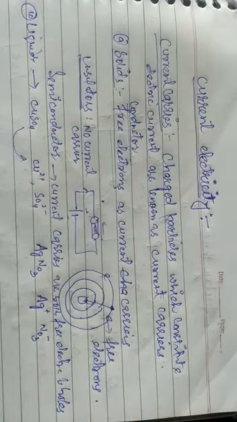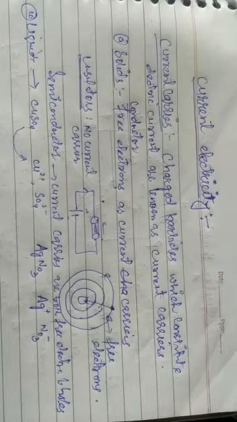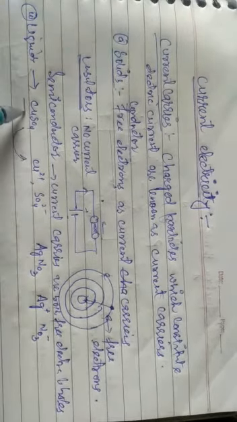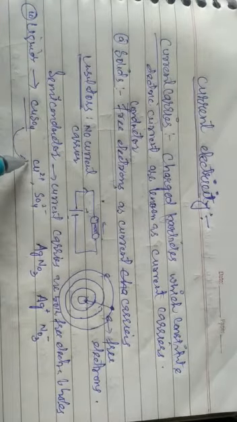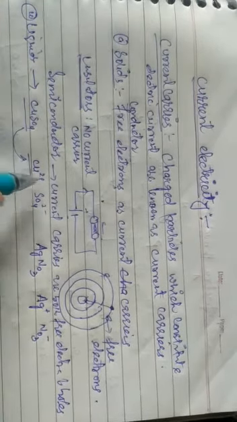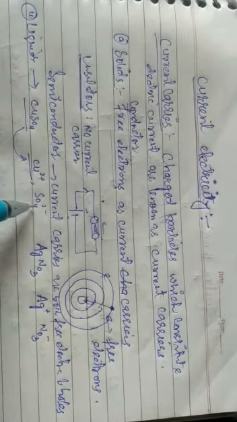Once an electric field is applied to the electrolyte, some liquids allow electric current to pass through them, and they dissociate. For example, copper sulfate breaks into Cu2+ and SO4 2-.